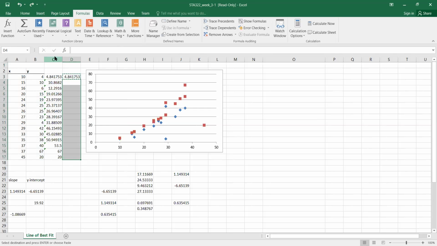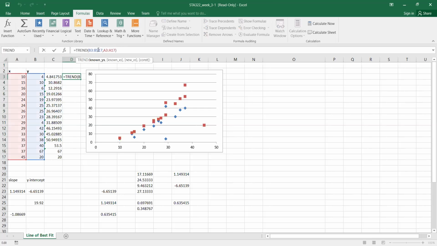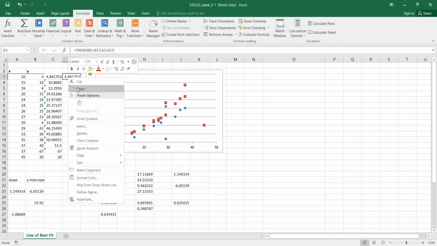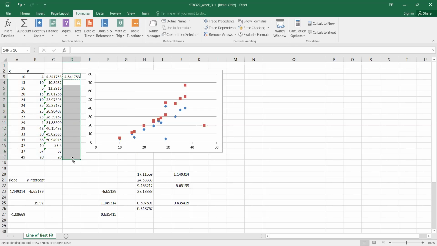So what I'm not sure about is why that worked for me. If we take that out, I'm going to copy that. Try that now. See what we get. Nope. So I'm not sure why that worked now, to be honest, because that was the formula that I used.